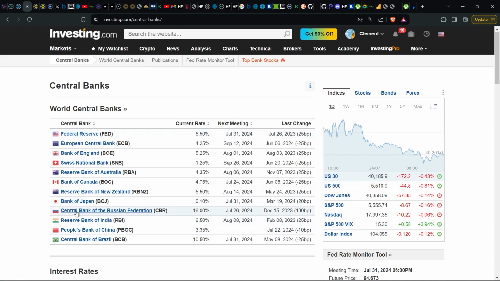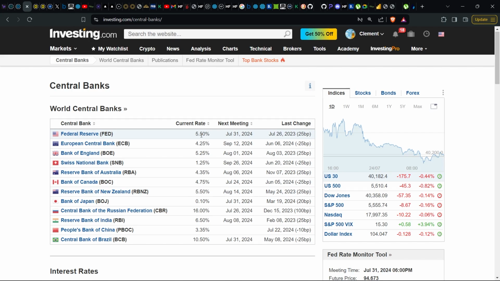You can ignore Russia and China and Brazil. Brazil is a small country, and Russia uses a fixed exchange rate regime. Even China also uses a fixed one.